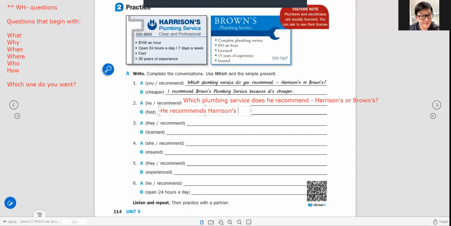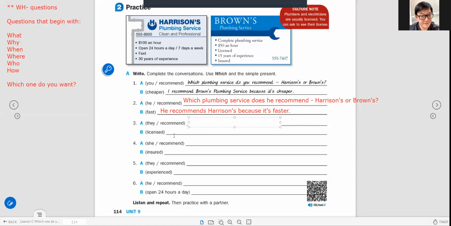You don't have to put plumbing service, okay? It's just because it's faster. Why? Because I'm comparing with the other, so it has to be comparative, okay? He recommends Harrison's because it's faster. Did you understand what you have to do here?